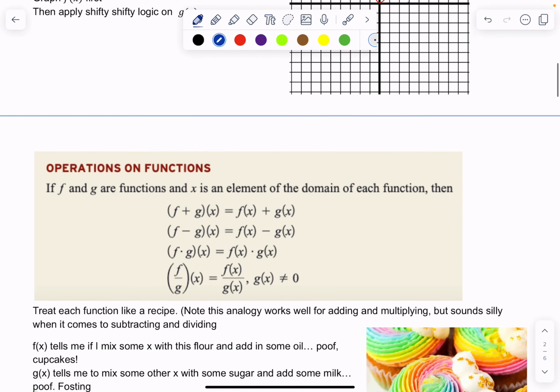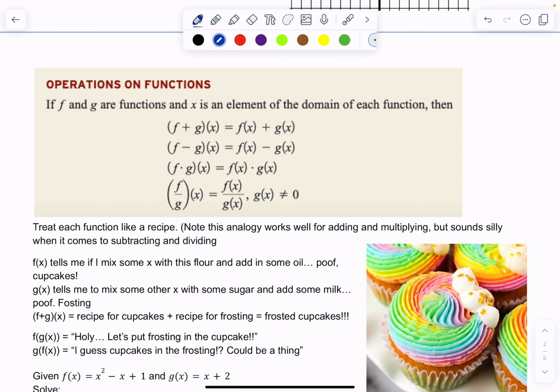There you go. Alright, next thing that we want to cover is the operation of functions. The way operation of functions works is you're treating them as elements in the domain of each function. So best way to put it is, I read it best this way. The function f of x plus g of x could also be written as f plus g of x. f minus g of x can also be written as f of x minus g of x.